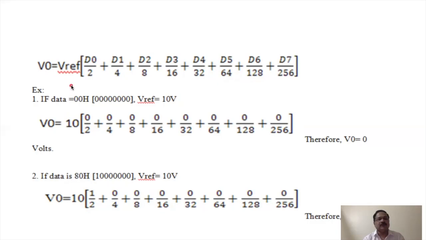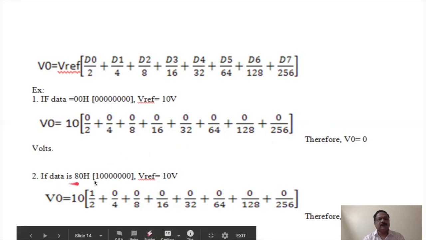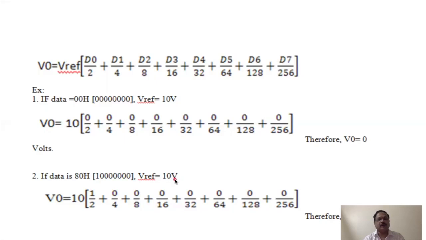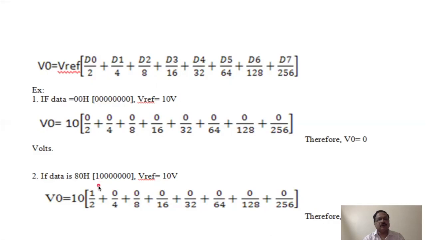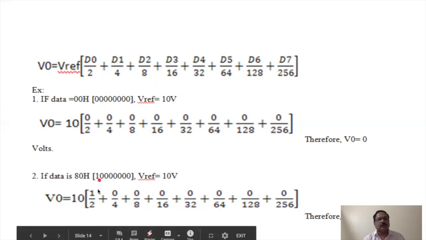For an example, suppose the input data is 00, that means the digital data is all zeros, and reference voltage is 10 volt. In that case, the output voltage you are going to get is 0. If we consider another example where the data is 80, and again reference voltage is 10 volt. Here you can see only the MSB bit is 1.